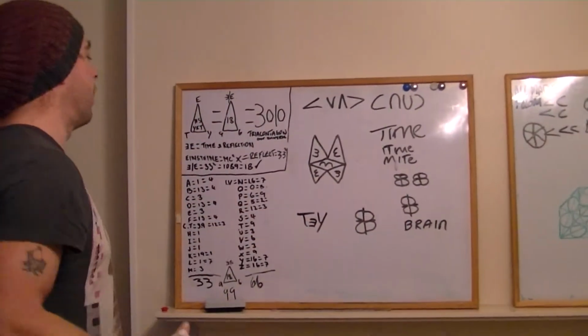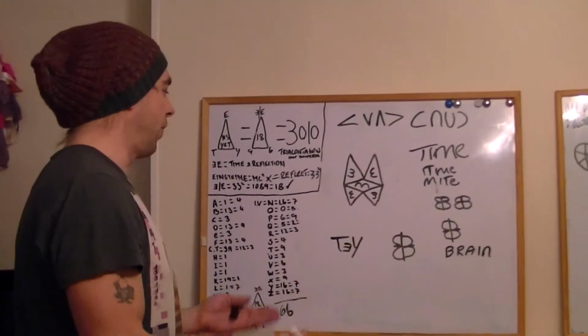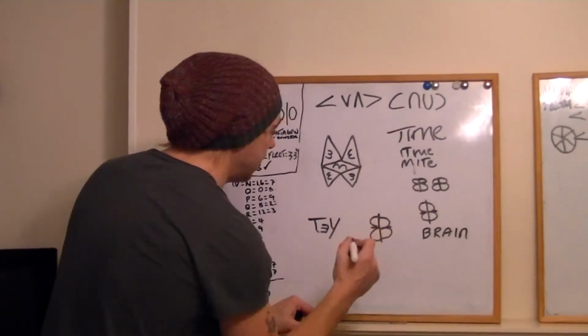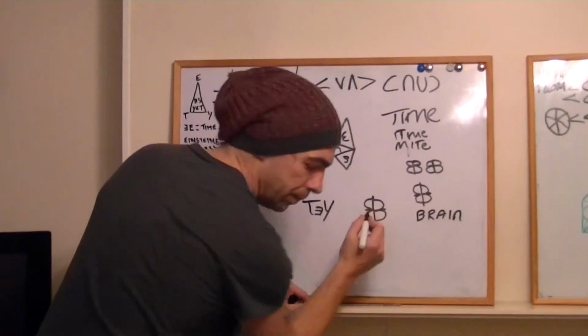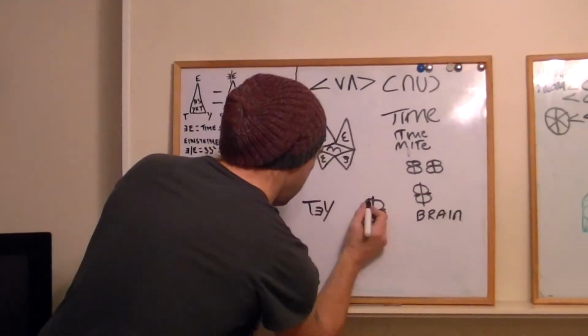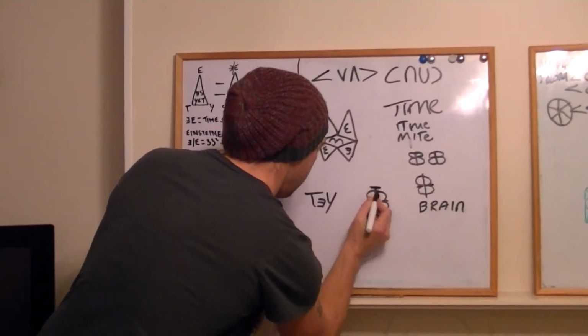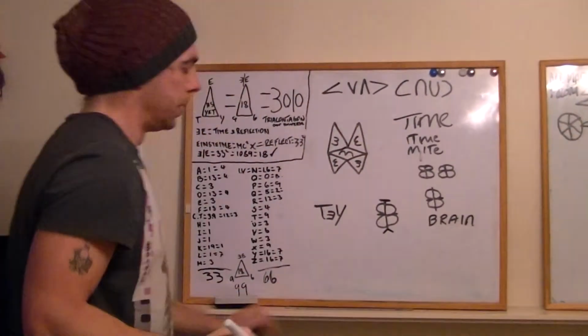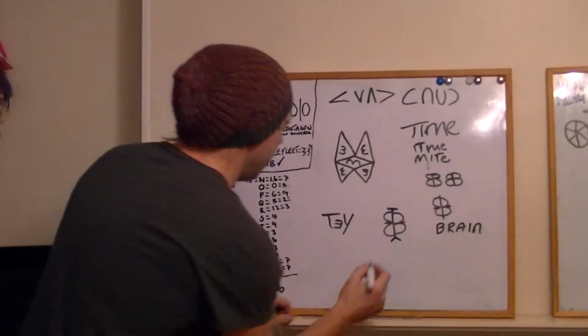So yet, what's to come? Time itself, the Holy Spirit is another way of putting it. So we've already got our E's, so let's put on our T's and our Y's. So let me make sure I put it in the right order. Yeah, that looks good. So T and Y. Right, I think that's about right.